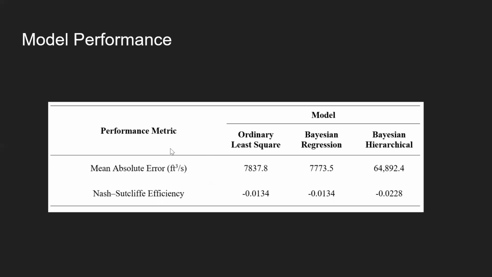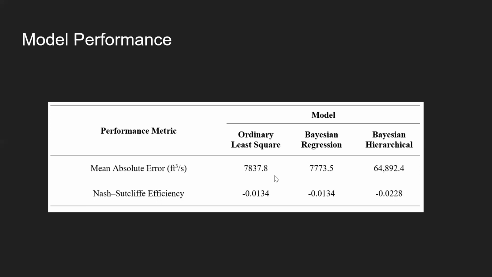So here in the ordinary least squared and then in the Bayesian regression, they are almost the same, since in the previous slides that we showed on the results, they are showing almost comparable coefficients and parameters that we obtained from OLS and from the posterior distributions.